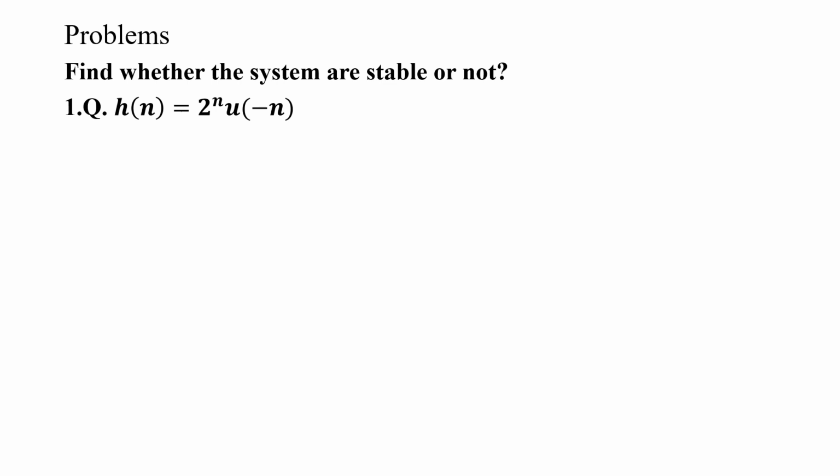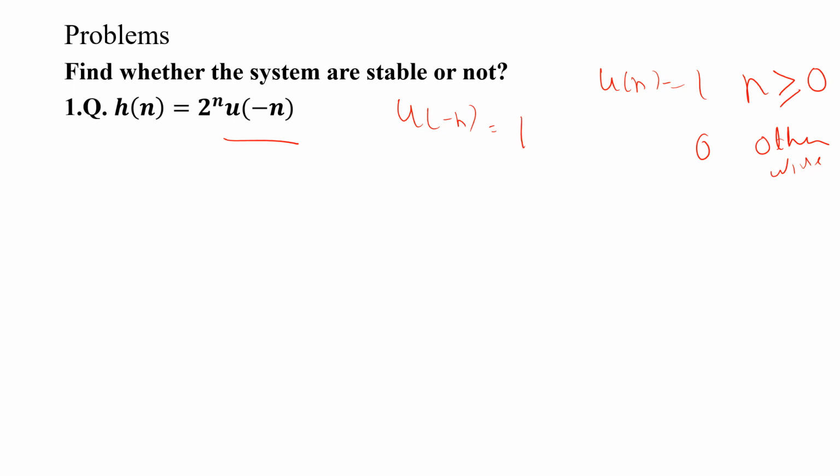Now problems for this. Whether the system is stable or not: you remember what u of n is. u of n is equal to 1 for n greater than or equal to 0, and 0 otherwise. So u of minus n is equal to 1 for n less than or equal to 0, meaning you get the negative part: 0, minus 1, minus 2 will be 1, and 0 otherwise.